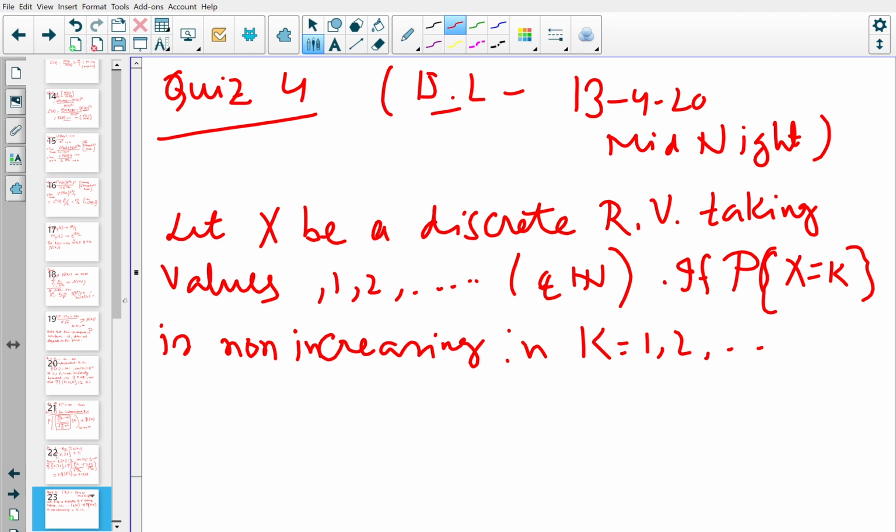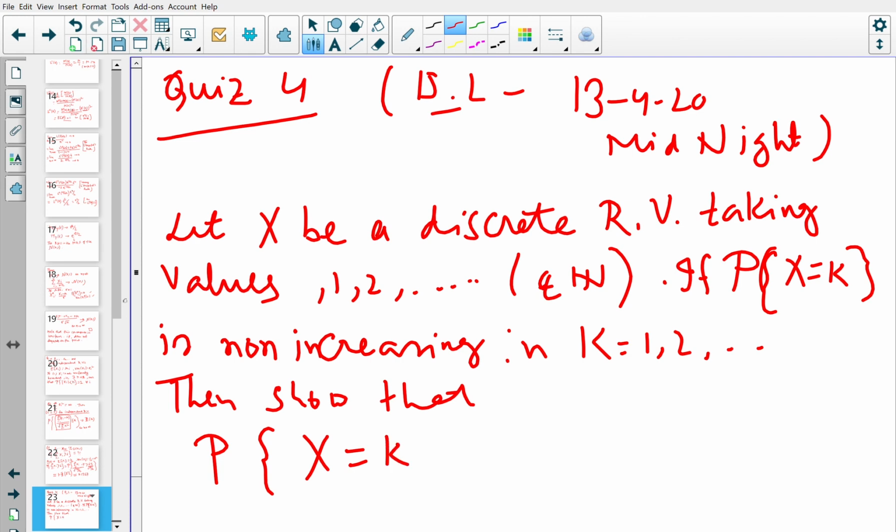Okay, and then so that the probability that X equal to k is bounded by 2 times the expectation of X divided by k square.